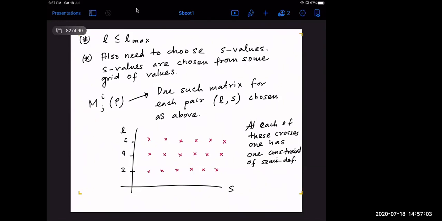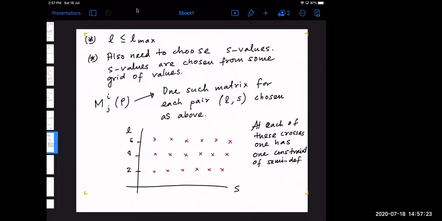So at each of these crosses, you have one such semi-definiteness constraint. So suppose if I would have chosen this way, clearly there are 15 constraints you have to take care of. You have to go through the 15 constraints to solve the ultimate problem.